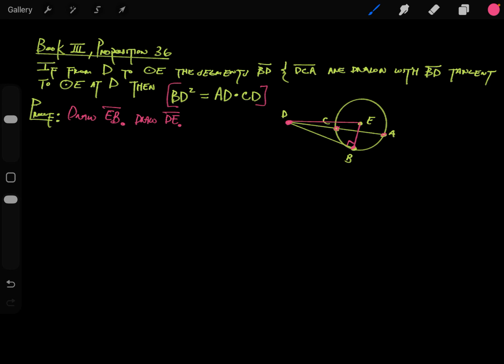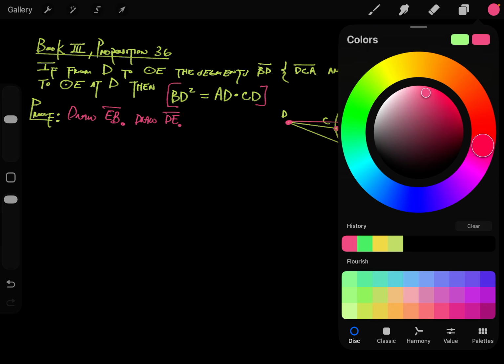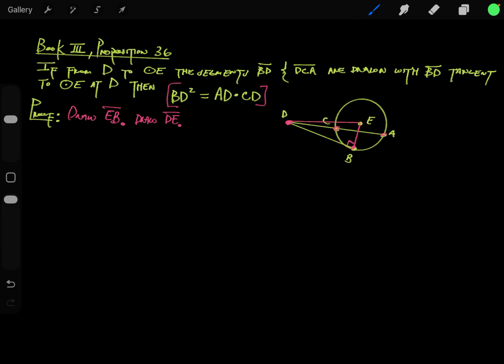And then we're going to do another thing. We're going to draw in, let's say, EF with a special characteristic: EF needs to be perpendicular to CA. So what's special about EF?